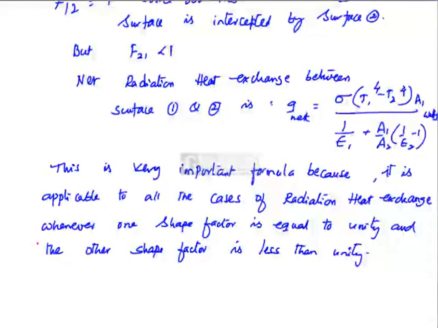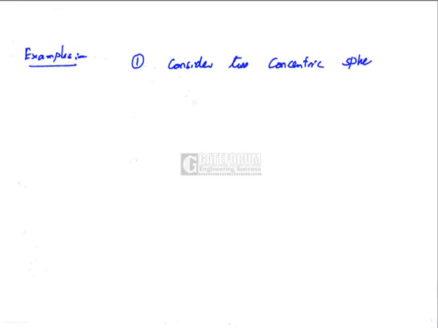I give some examples here. The various examples for this case are, that is, when one body is completely surrounded by another. I consider two concentric spherical surfaces shown in figure.